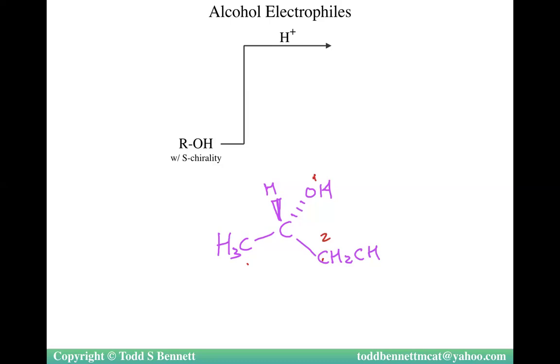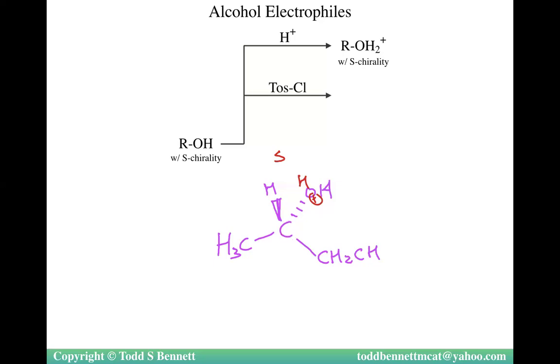So 1, 2, 3. Clockwise, but H is in front, so this would be S. So sure enough, there's my S. If I protonate it, turn this into H2O plus, this carbon is still going to be S. Priority is still 1, 2, 3. So changing the OH into OH2, making it water with a plus charge, didn't change chirality. So you end up with ROH2 plus.